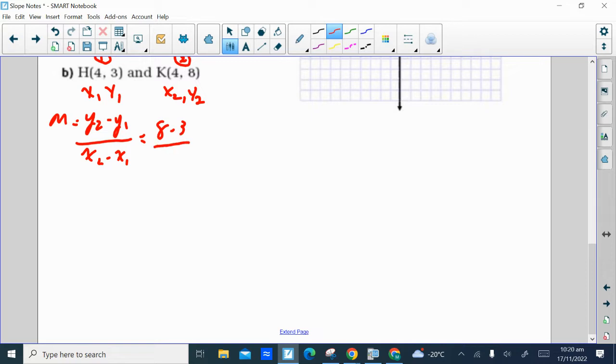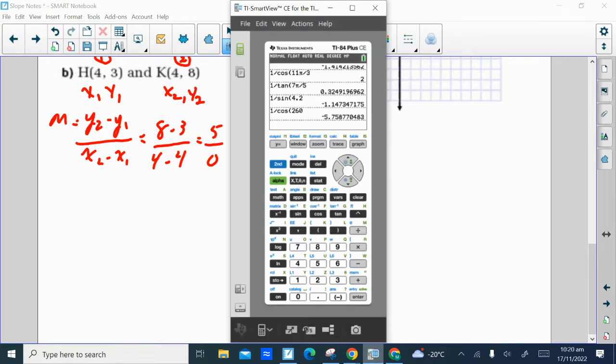On the bottom, x2, the x value at point 2, is 4, minus x1, the x value at point 1, which is also 4. So the top, 8 take away 3 is 5, over the bottom, 4 minus 4 is 0. If you try 5 divided by 0 on your calculator, you're going to get an error, because you cannot divide by 0. It's undefined. The slope doesn't exist.